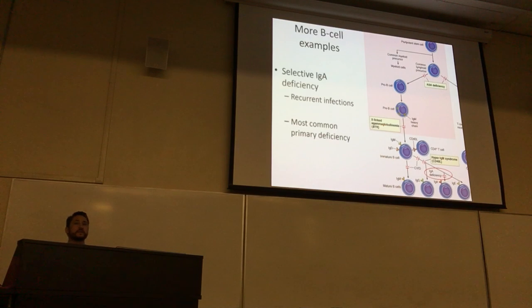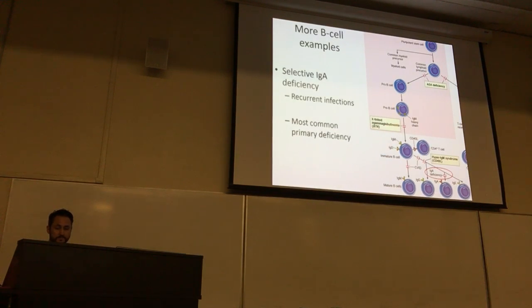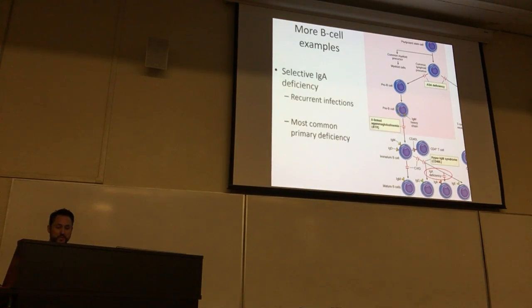So you have a muted antibody production response, but it's not completely absent. So you get a lot of infections where IgA is typically found. It's found in the blood and on body secretions. This one is the most common primary immunodeficiency disorder that we see.